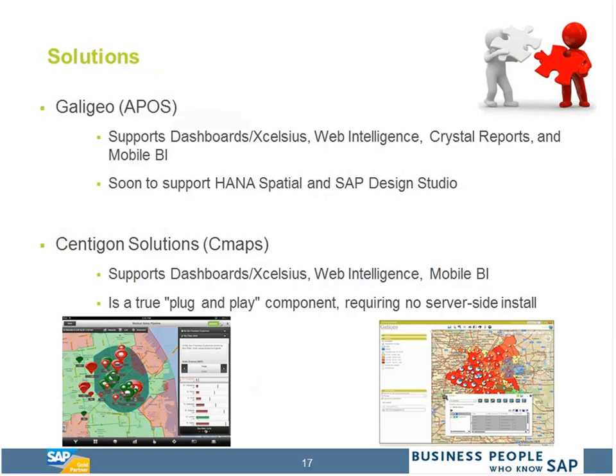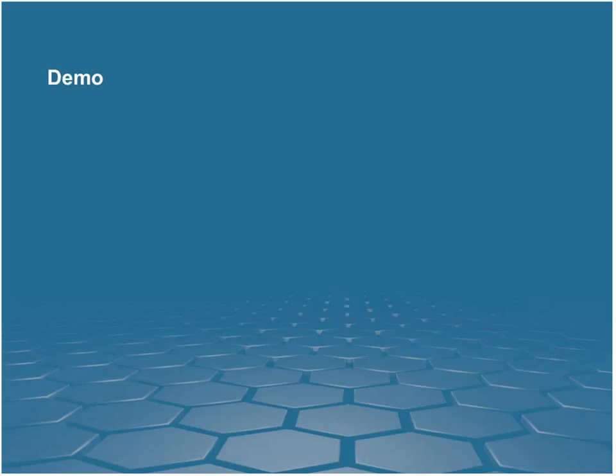GALAGEO and Syntagon Solutions both support dashboards or Xcelsius, Web Intelligence, and mobile BI. To me, GALAGEO's approach comes more from the GIS integrated into BI perspective, while CMaps approach comes more from the BI integrated with the GIS. And you can see that in the demo that follows. Okay, now we can get into the demo.